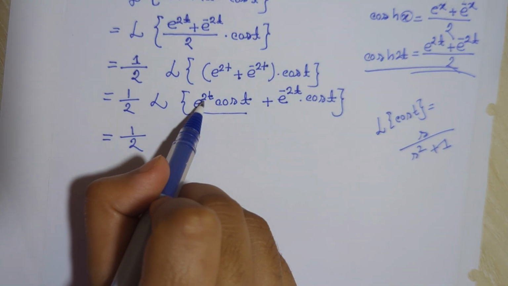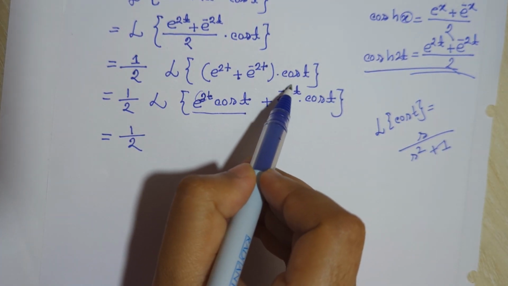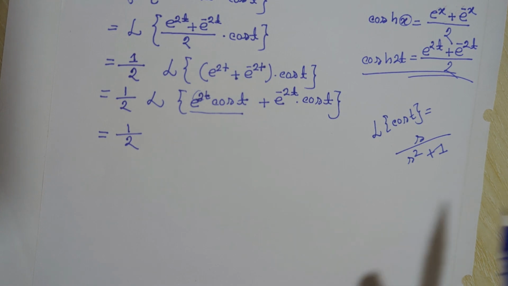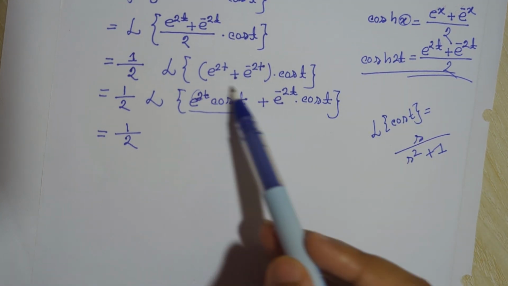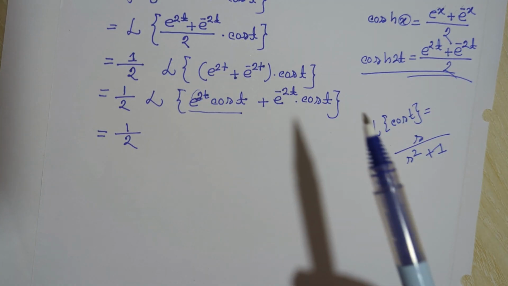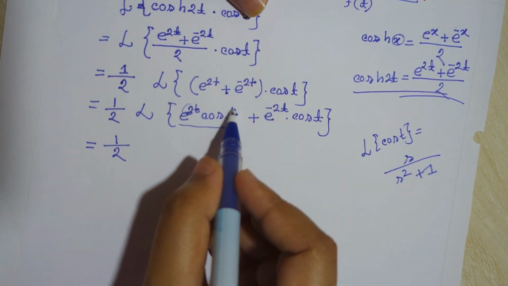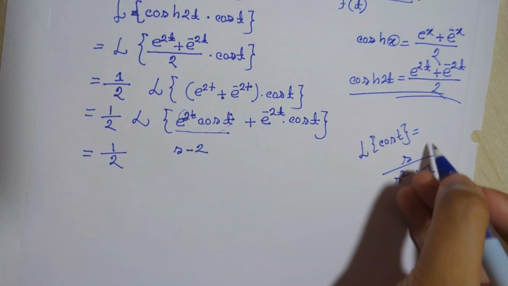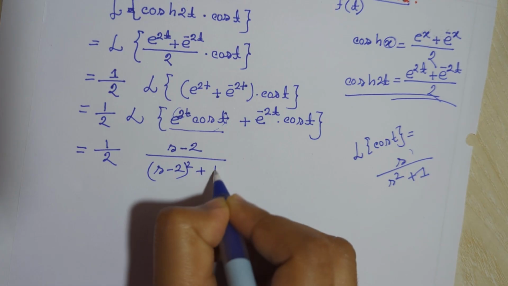For the first term our constant a will be 2, and for the second our constant a will be minus 2. So we will just change this s: we'll write s minus 2 for the first, and s minus minus 2, which means s plus 2, for the second function. Let's write first for this function, s minus 2 instead of s, and here s minus 2 whole square plus 1.